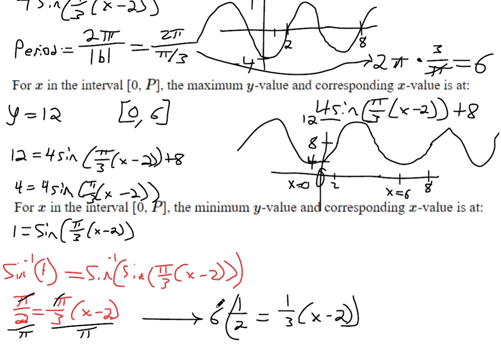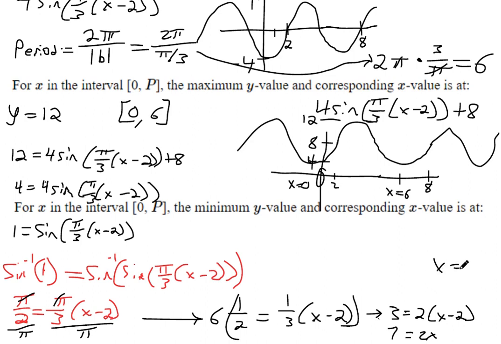It's a balanced step, right? Just make sure you only multiply these two things by 6, not everything inside the parentheses. 6 times 1/2 is going to give us 3. And then 1/3 times 6 gives us 2. And then to finish solving that equation, that's 2x minus 4. So that's 7 equals 2x.